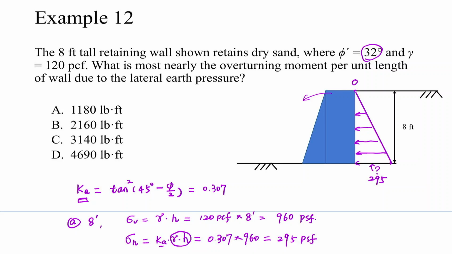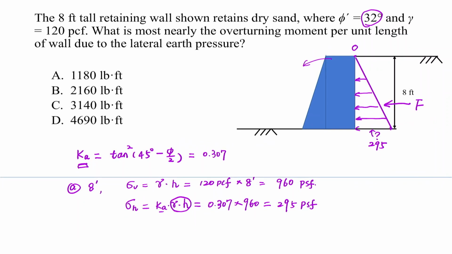So now we have the distribution of the lateral earth pressure, then we can get the total lateral earth pressure force, or an equivalent lateral earth pressure force, and we can call it FH. Then your FH is basically the area of this triangle.